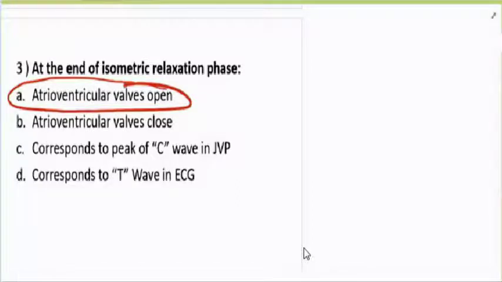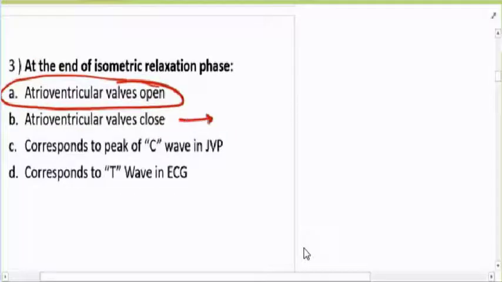At the end of isovolumetric contraction, the semilunar valve will open. At the end of the ejection phase, the semilunar valves will close. At the end of the filling phase, the atrioventricular valves will close.